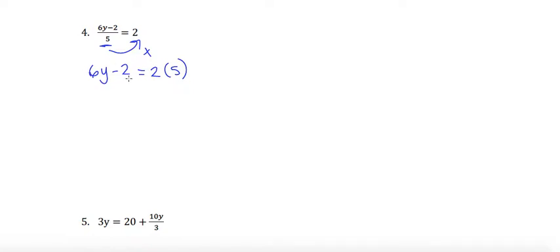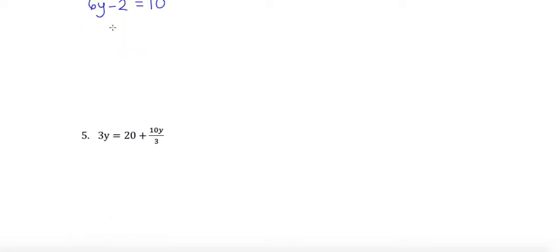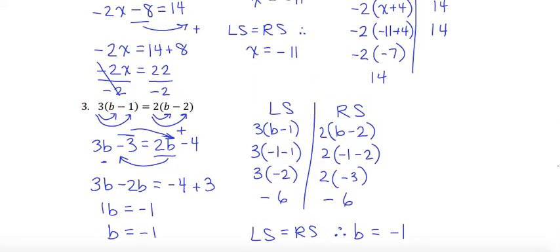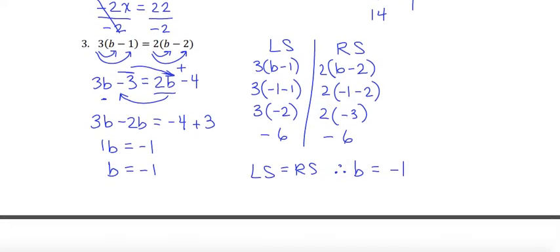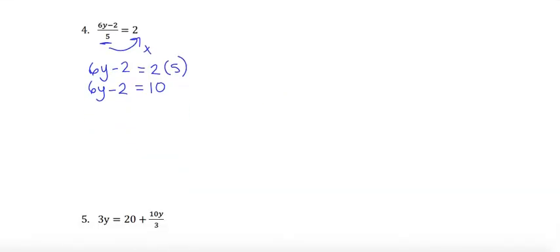So now let's simplify what we have. I have 6y minus 2 is equal to 2 times 5, which gives us 10. Now, once we've eliminated that fraction, it becomes an easier equation for us to solve. So we're going to start by moving our constant over to the other side. Right now, our 2 is being subtracted from the 6y.